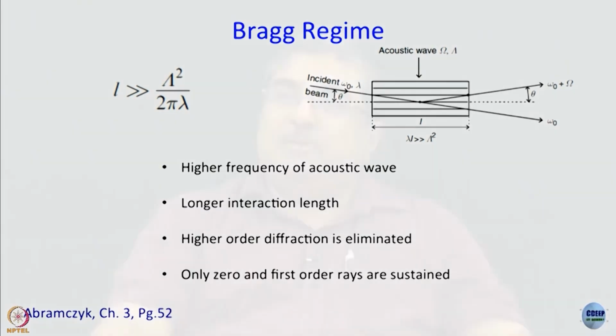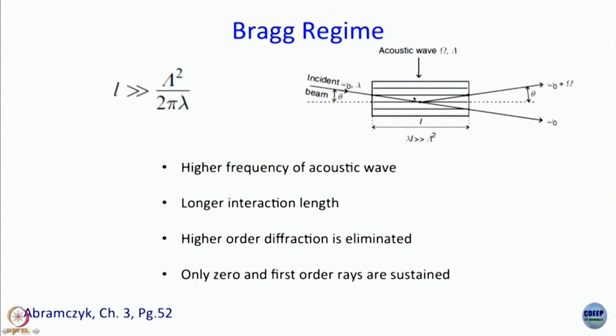When light falls on the Bragg cell, part of it goes straight undeflected and does not interact with the medium, part of it gets diffracted and gets frequency modulated by capital omega. This is what we had discussed in the last meeting as well.